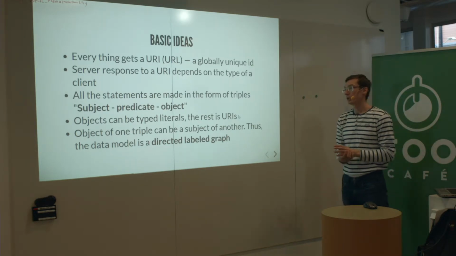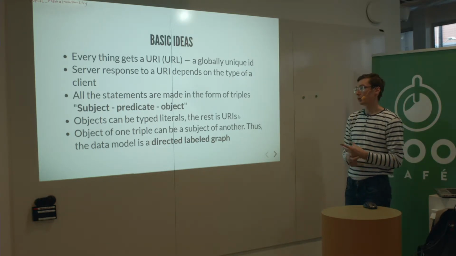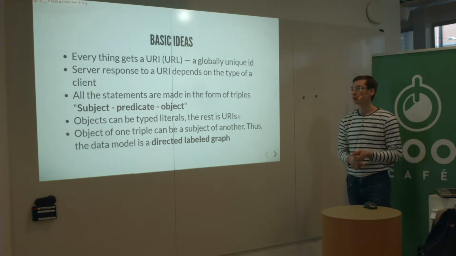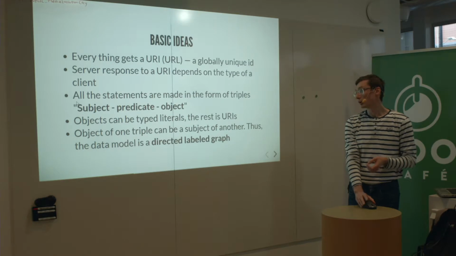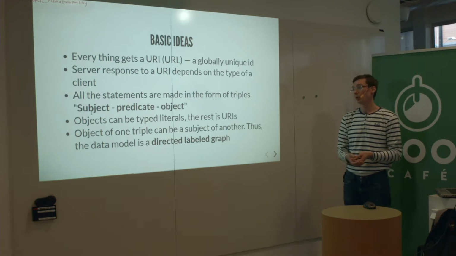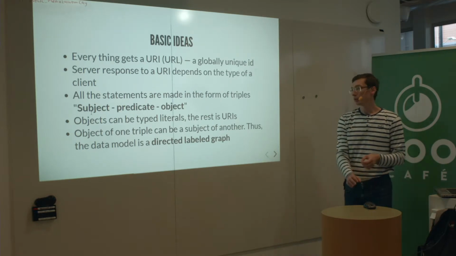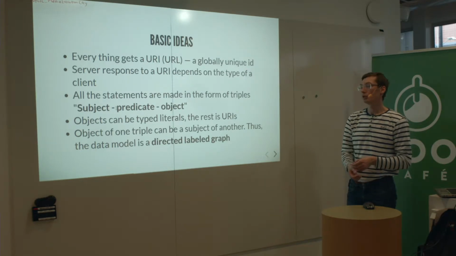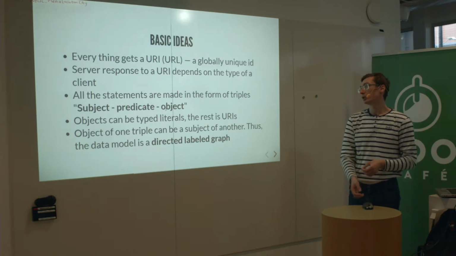Then the data model is also extremely simple. It just prescribes to formulate everything as a sequence of simple statements consisting of 3 components called triples. The components are called subject, predicate, and object. And it's basically a human sentence, if you like. So if you have one URL representing yourself, then you can have another URL representing a notion of a name or having a name, and then you could have a string.